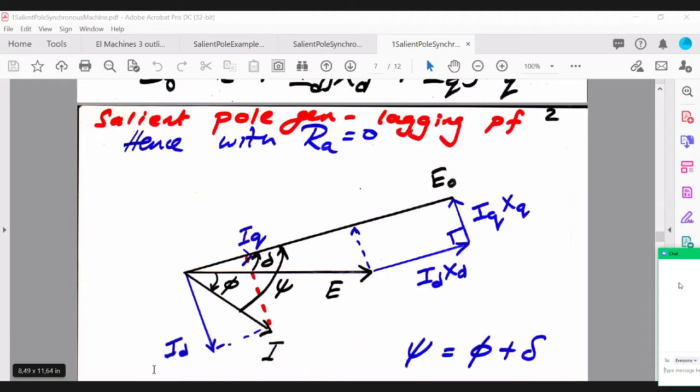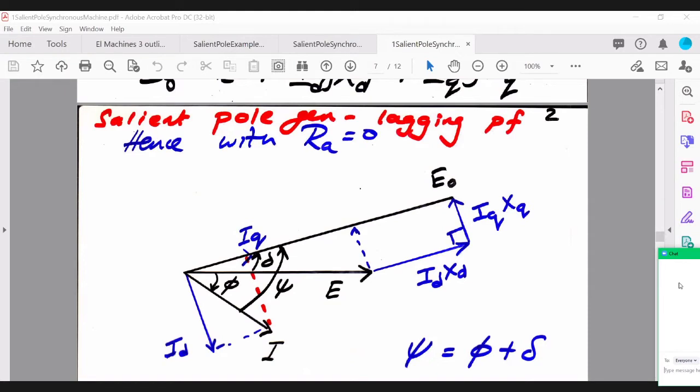Look at this first operating point, where the salient pole generator is operating at lagging power factor, meaning the current I passing through the armature or stator lags the terminal voltage by a certain angle phi. We added the two components, IDXD and IQXQ, to get the resulting induced voltage.